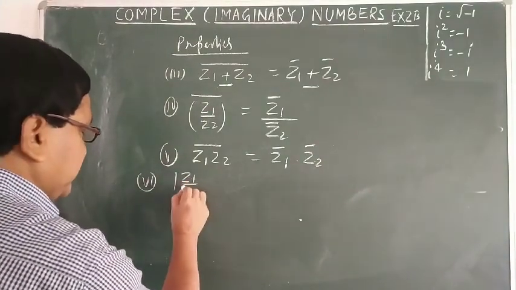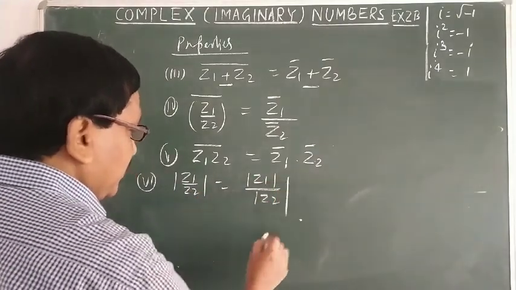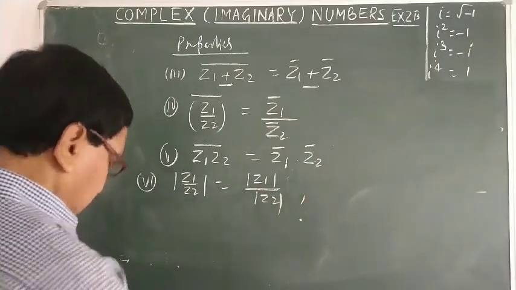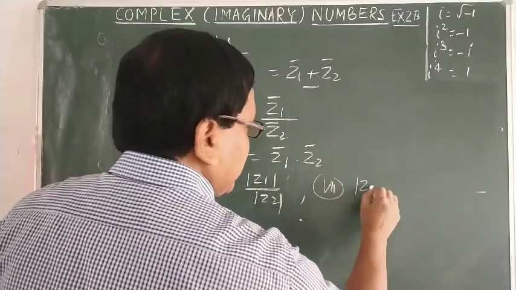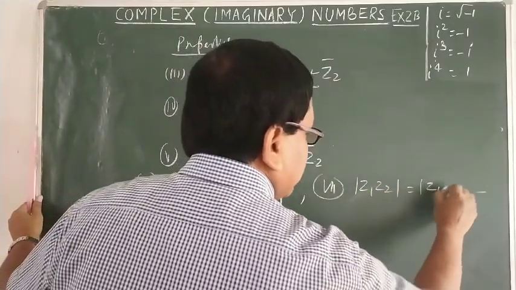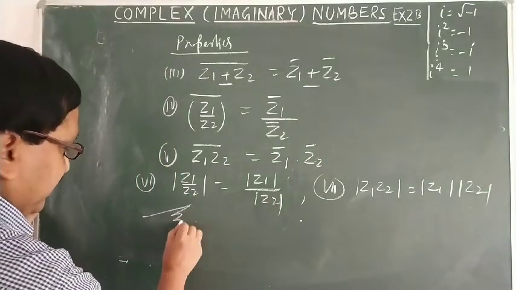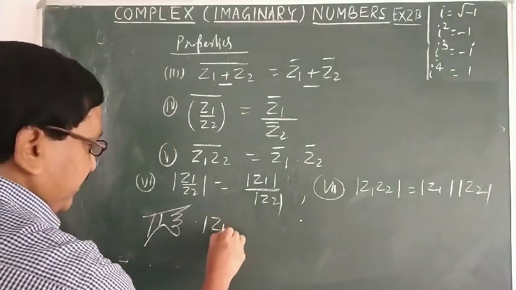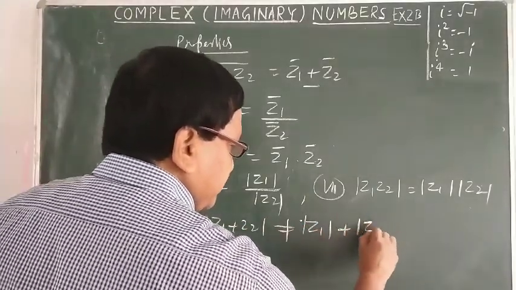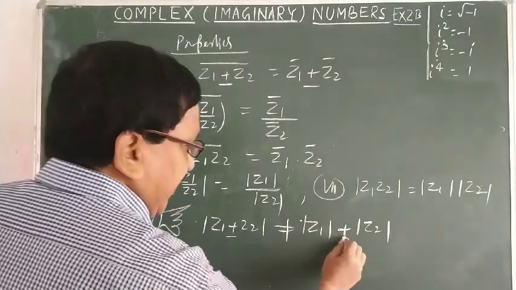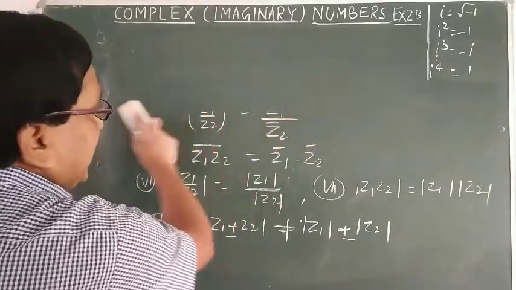Modulus of z1 by z2 is equal to mod z1 by mod z2. Similarly, this is seventh, modulus of z1 z2 is equal to mod z1 into mod z2. So these are the properties, but students remember that mod of z1 plus z2 is never equal to mod z1 plus mod z2, and similarly for minus, remember this is not possible. So these are the properties.